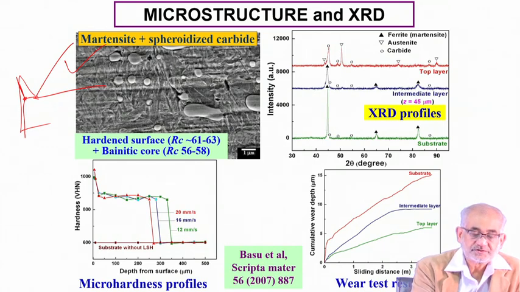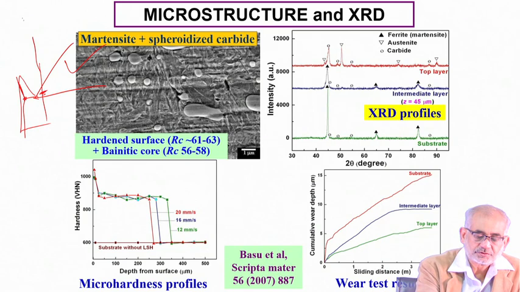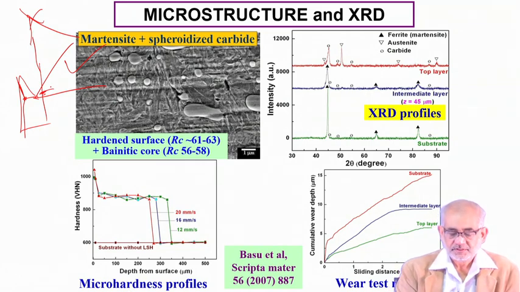So we are talking about 1% carbon, so somewhere here. So we would like to heat maybe up to somewhere around this temperature, but not so high that we cross the solidus temperature. So we should not go all the way up here. We should confine the heating effect to such a level that we only go to austenite, pure austenite, or austenite plus cementite in this double phase region.